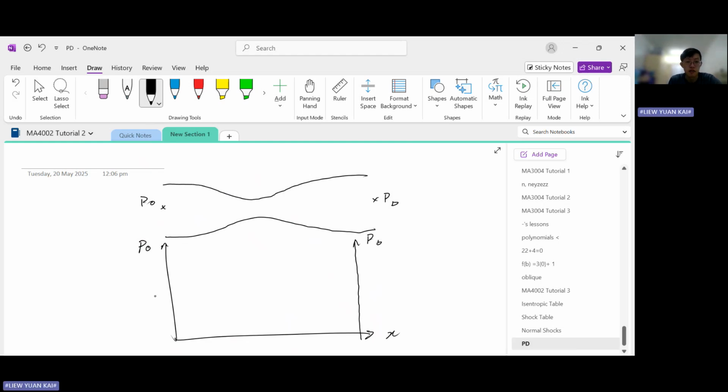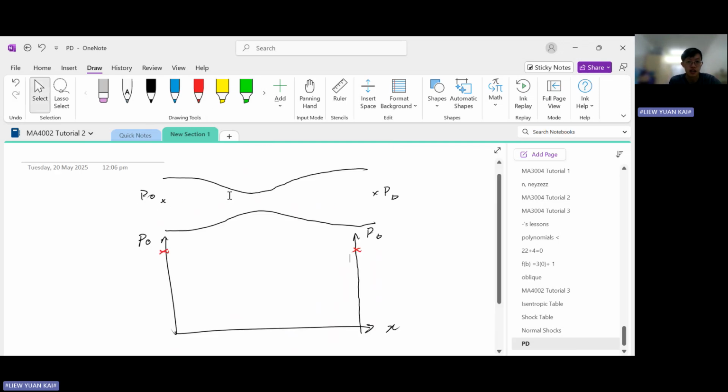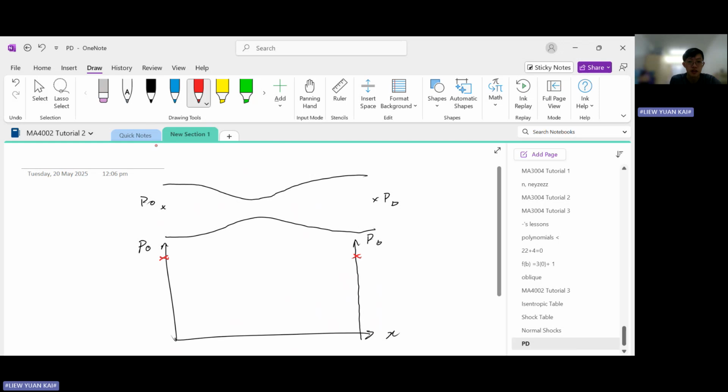Throughout this whole process, we're going to keep P naught the same. The only thing we're going to change is PB, and specifically, we're going to lower PB, because when both of them are the same, no flow occurs. Now we're going to move PB downwards a bit. When we move it down, some flow will start to occur. So how will the pressure vary along the nozzle?